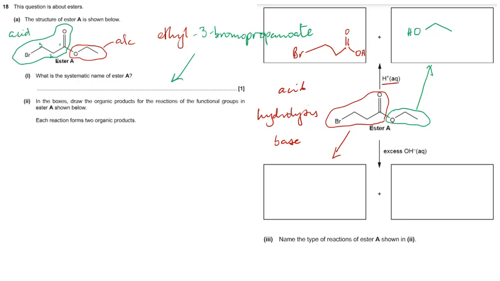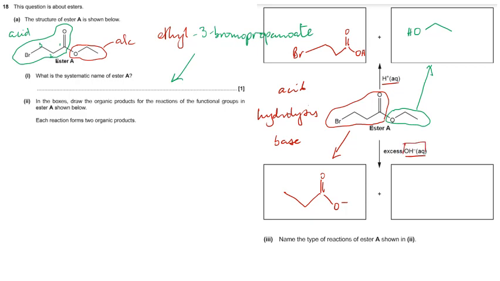Again, we can remake our acid, and this time we're going to deprotonate. So the hydroxide is going to rip off this proton from our acidic proton there, so it's going to remain like that, and we're also going to get something else happening here.